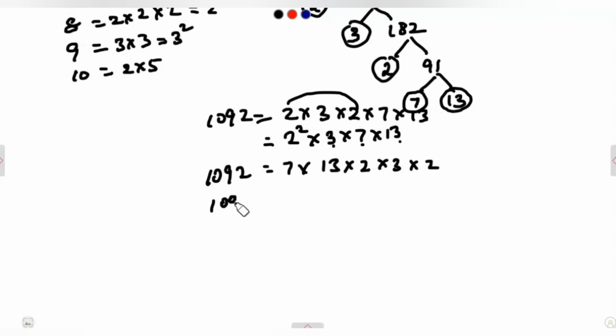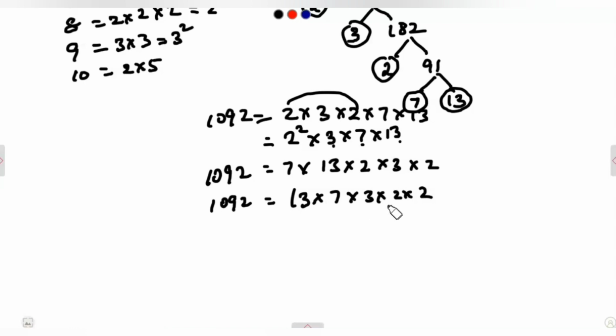Some may write 1092 as 13 times 7 times 3 times 2 times 2. Whatever factors they take first or second, the order may differ, but the factors will be the same.